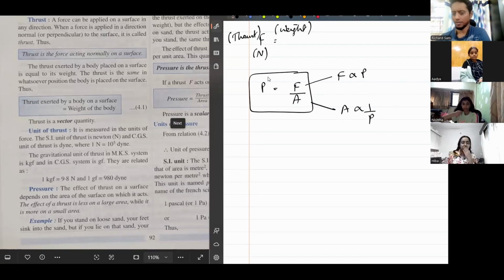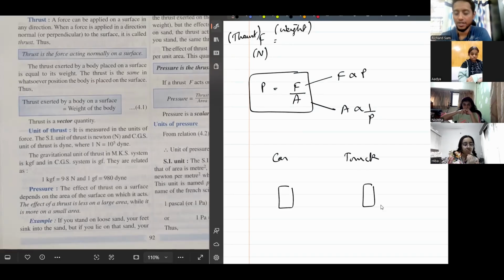Let's take a few examples. First, let's compare force and pressure. Let me give an example of a car and a truck. There's a car, there's a truck. Now both of them have the same tires.